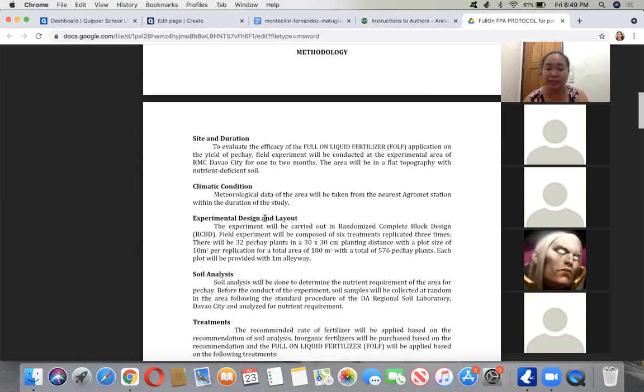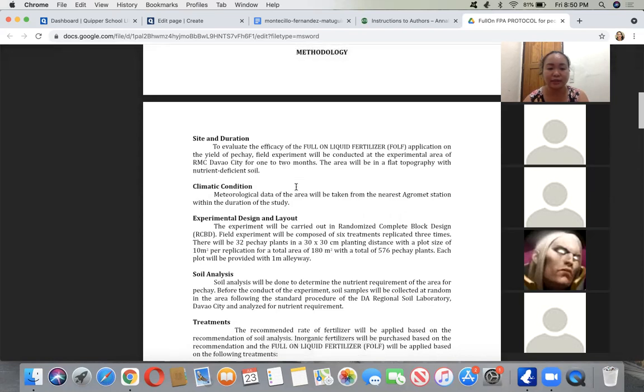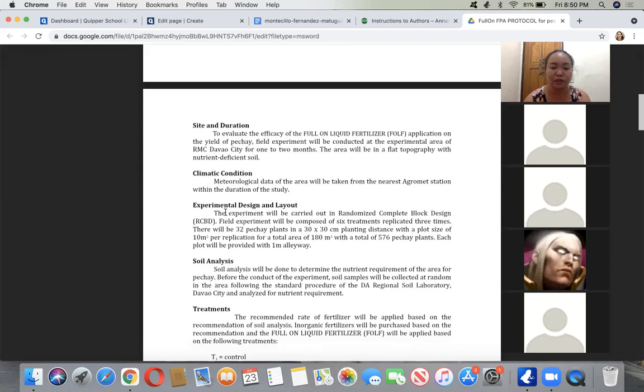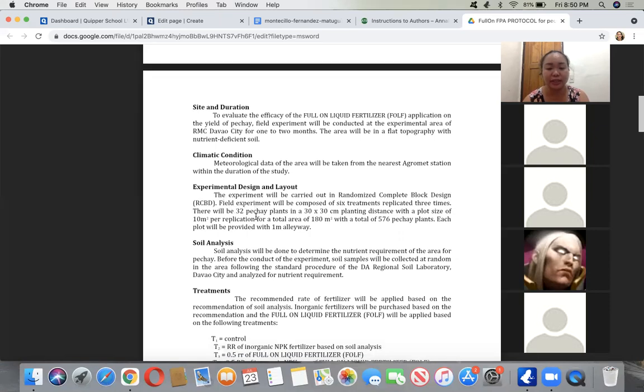Yung school kasi, yung RMC hindi pa pinapayagan makapasok ang mga estudyante kaya na-cancel yung site dito. And the climatic condition which will be gathered through agromet station, the meteorological data would contain the rainfall, the temperature, and so on, or even wind. And experimental design and layout, ito na.